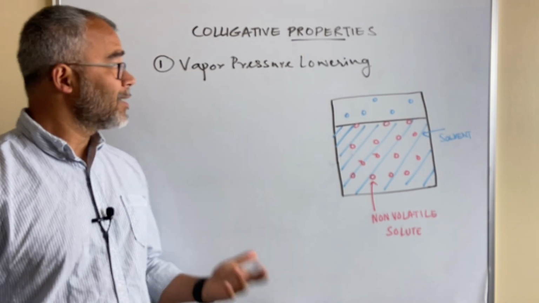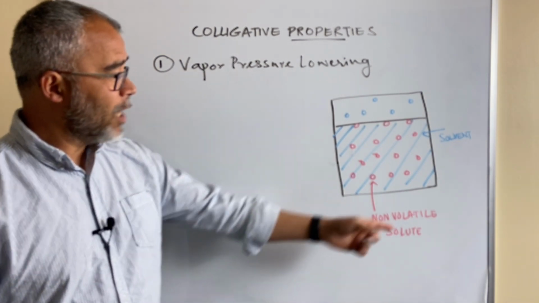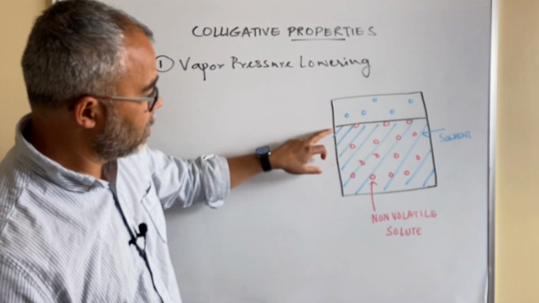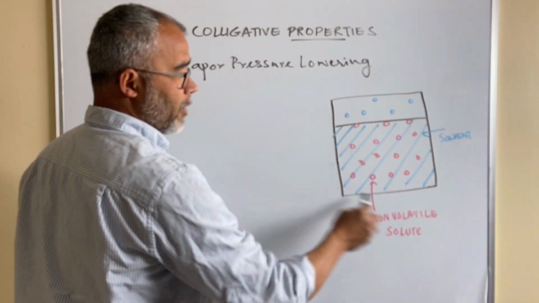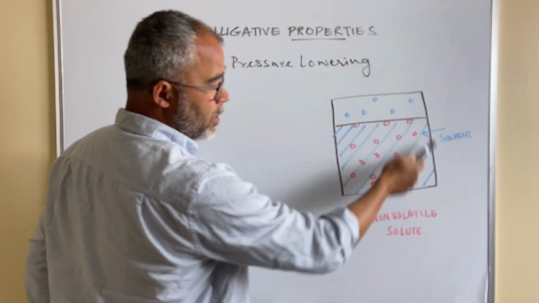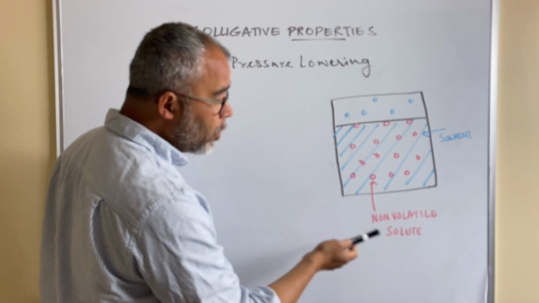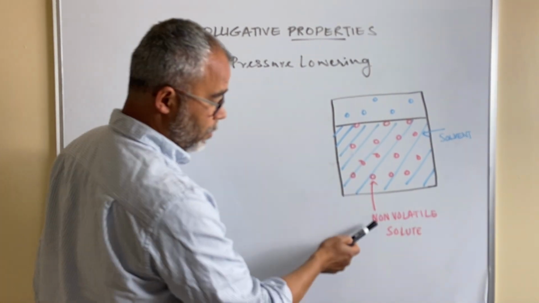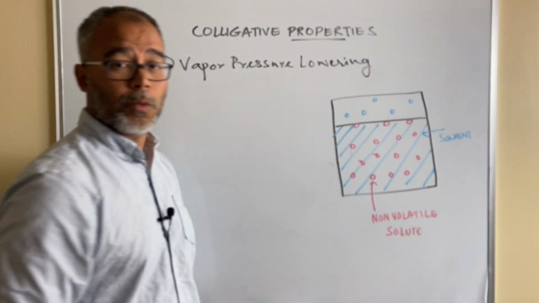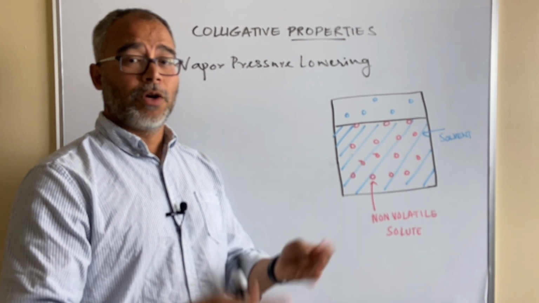In order to understand vapor pressure lowering, imagine that you have a solution out here. This is your solution, all this area. The blue is your solvent, and then you have a solute that is dissolved in that solvent, which is a non-volatile solute, which means the solute does not go into the vapor form.